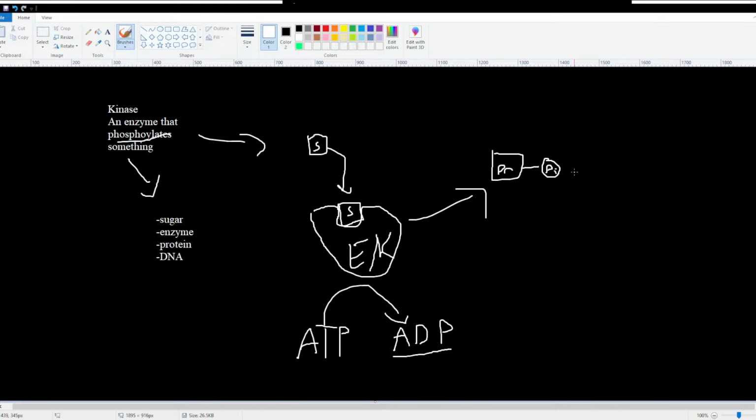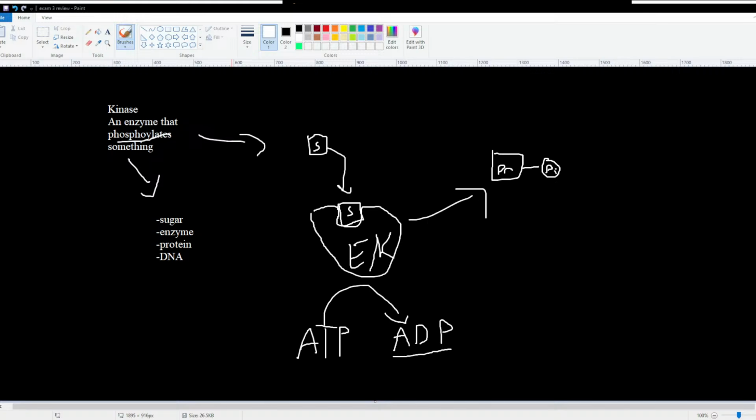Now this product has been phosphorylated. Like I said, this could be a sugar, an enzyme, a protein, or DNA. That's essentially what phosphorylating something is, and it's a kinase that does this. That is the only type of enzyme you have to know for now. Kinase phosphorylates something. Very, very important.